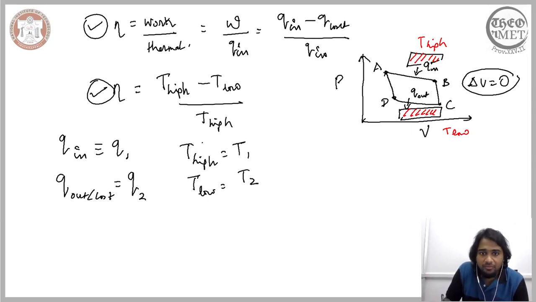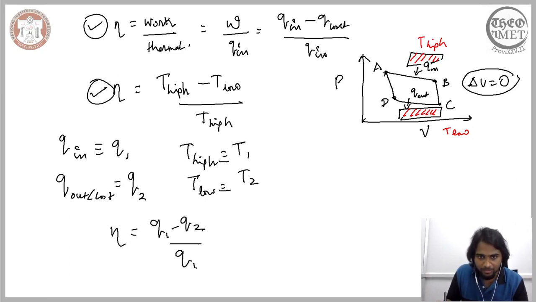So now with this change in the nomenclature, the efficiency can be expressed as Q1 minus Q2 by Q1, which is equivalent to, because of this description here, T1 minus T2 by T1.